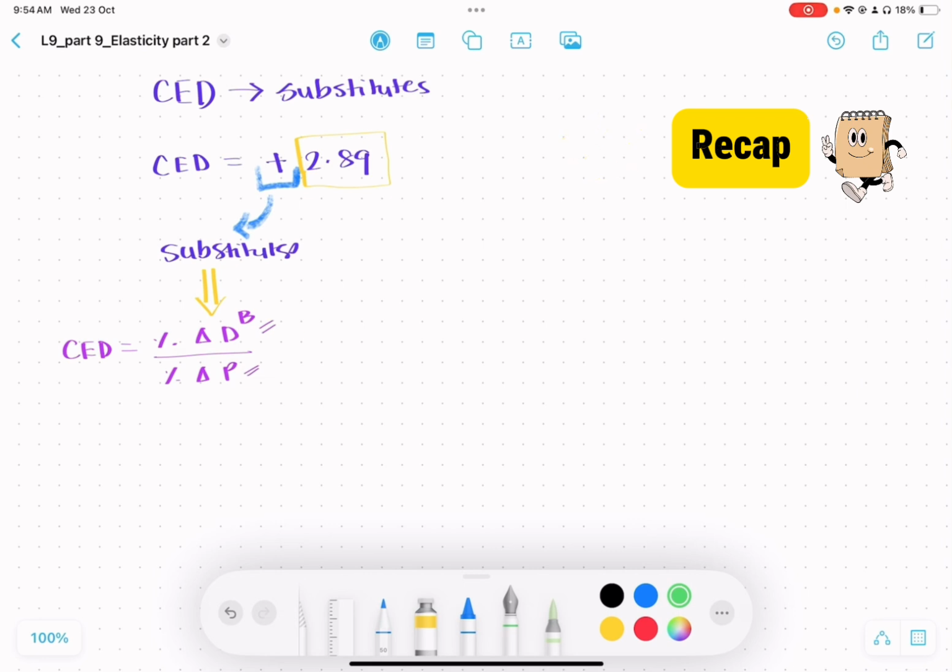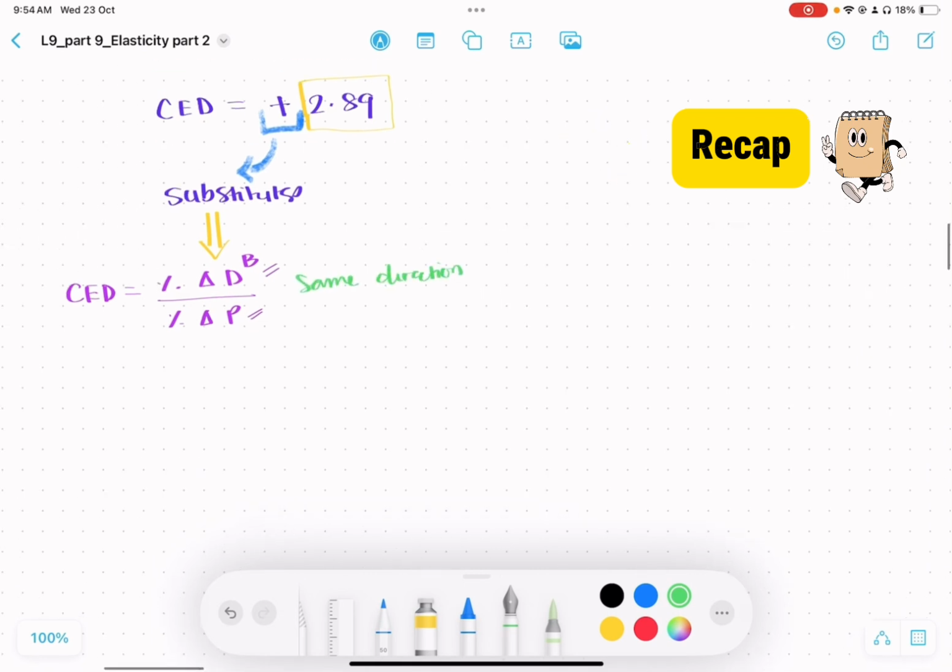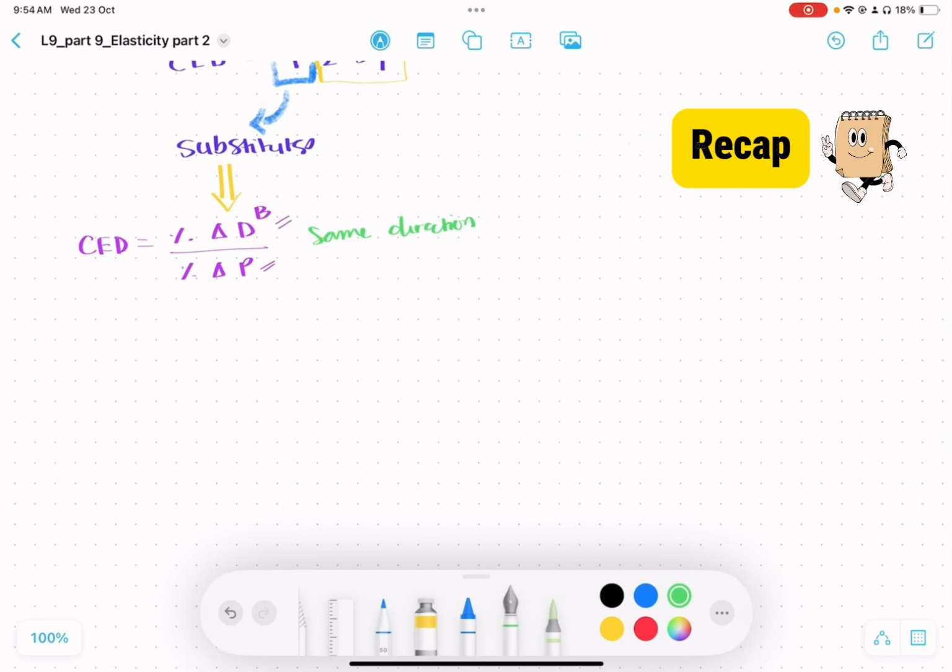Since they're moving in the same direction, that tells us that we're dealing with substitutes. How so? Well, let's say the price of good A goes up. Then the demand for good B also goes up.